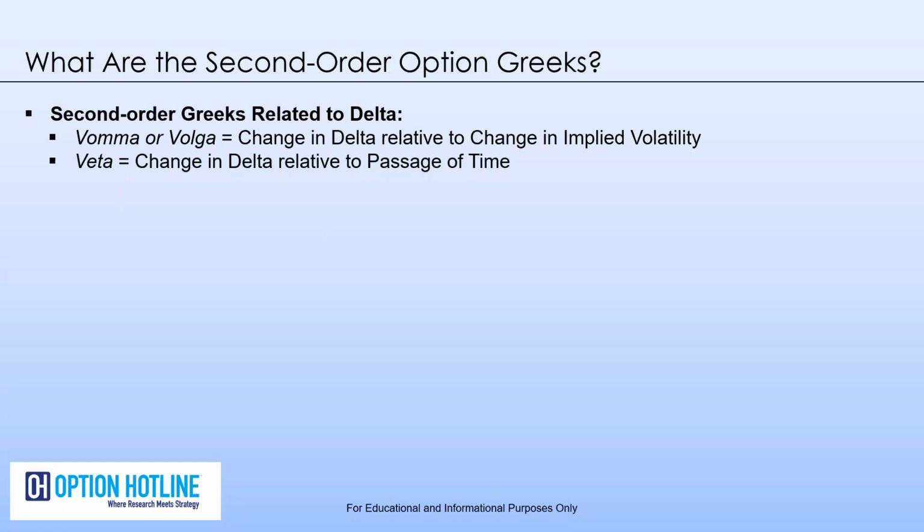It's the change, and that should say change in Vega, not Delta, relative to a change in implied volatility. So when implied volatility goes up, I want to know what happens to my Vega exposure, right? When implied volatility is increasing, my Vega exposure, which is my exposure to implied volatility, can increase too.